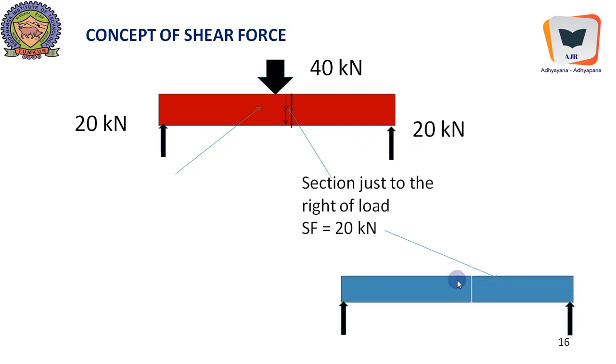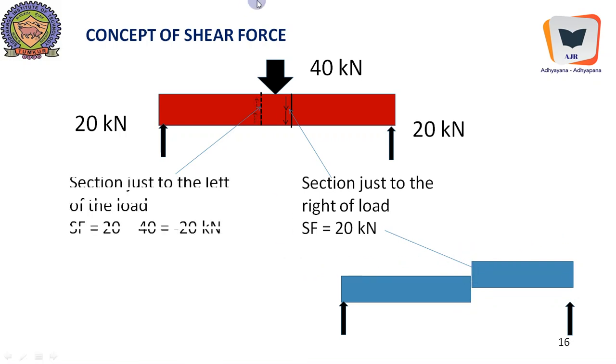Section just to the right of the load will receive shear force of 20 kilonewton, because this reaction predominates, because the effect is the beam shearing up with a possible crack over here.